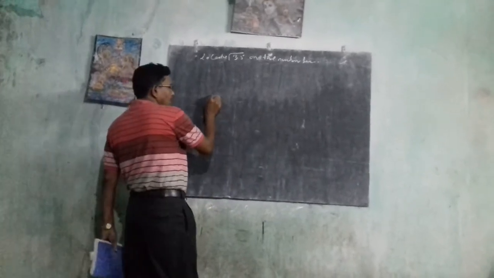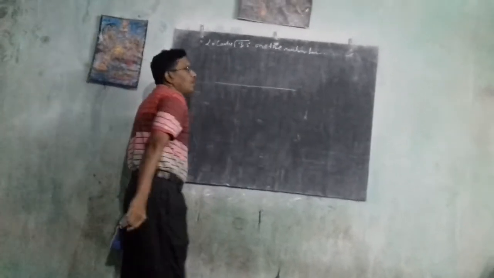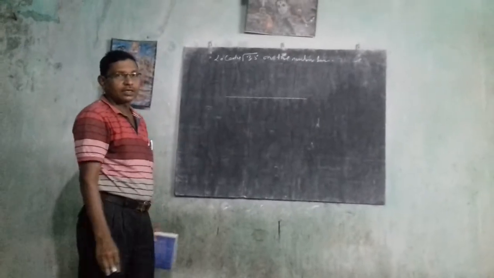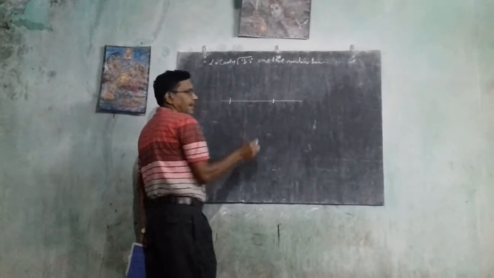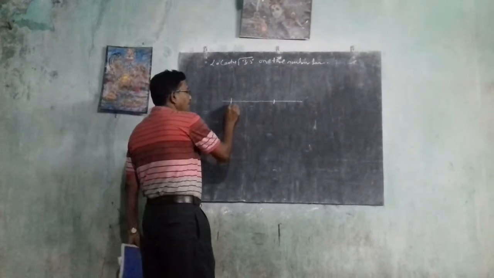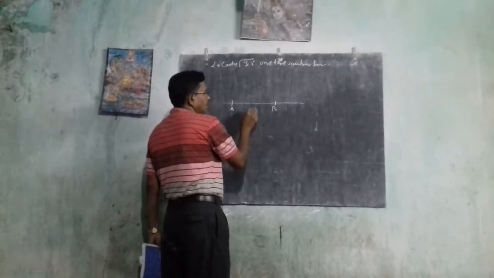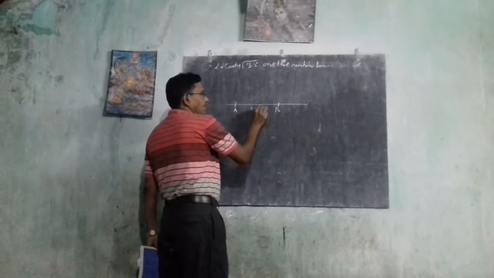First, in your scale, take a line with the help of your compass. Draw AB equal to 3.5 cm.